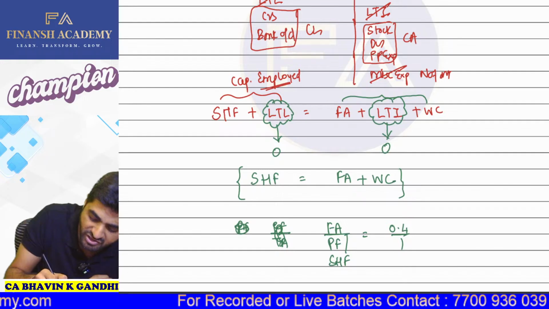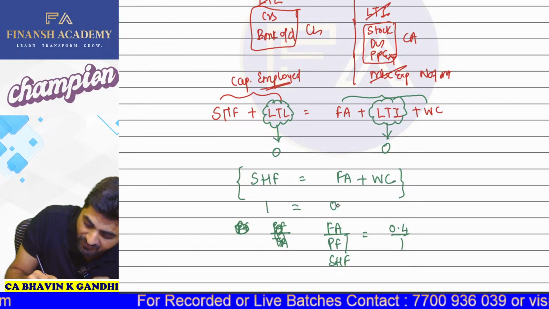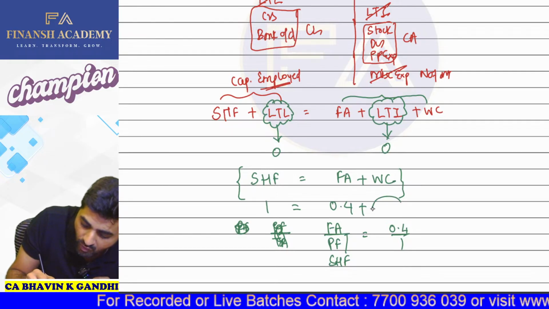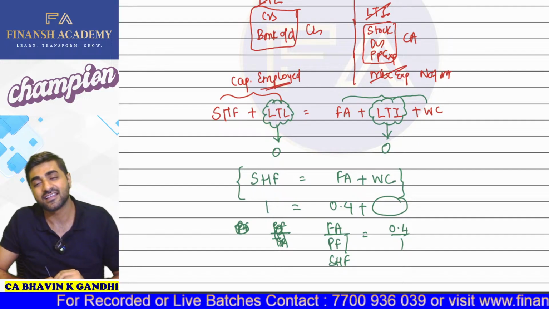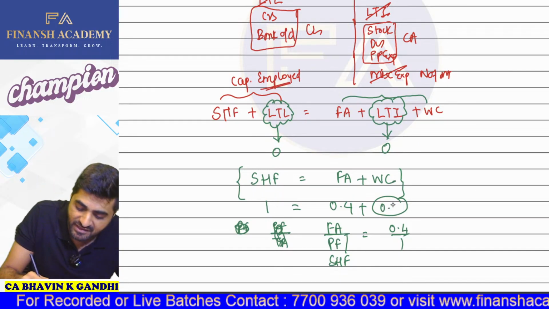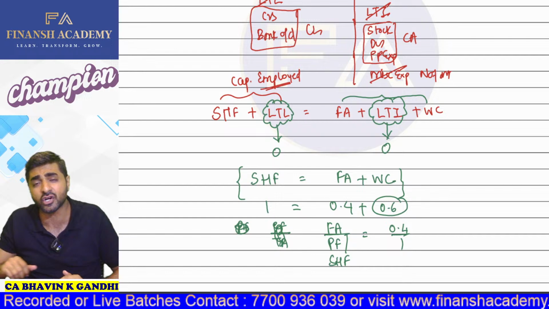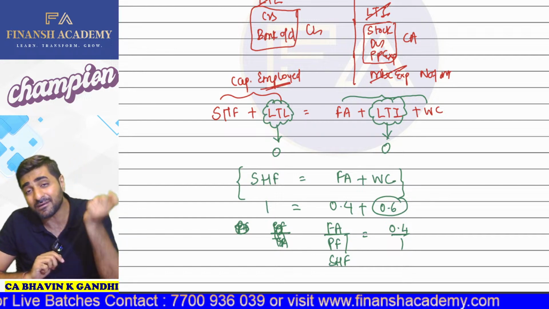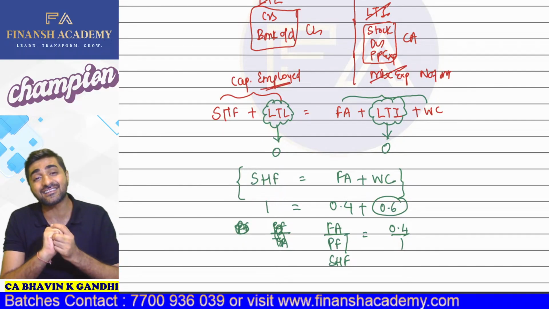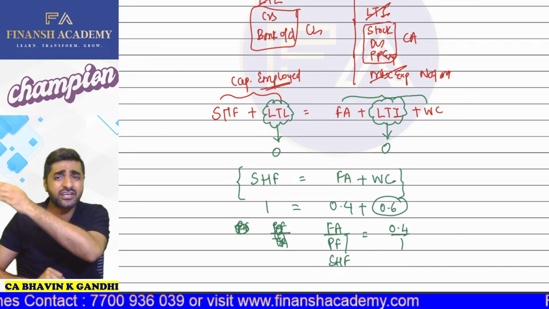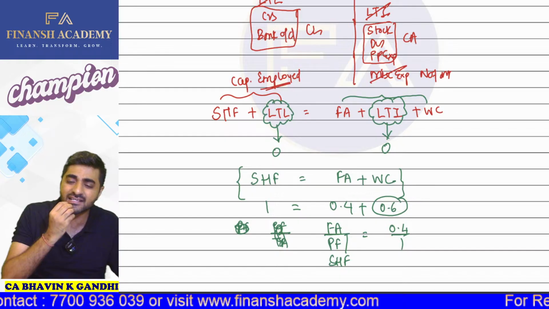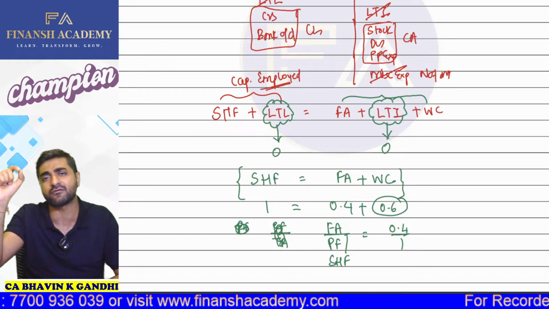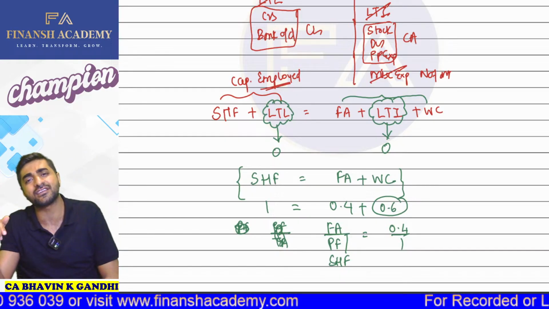So my shareholder fund is 1, my fixed asset is 0.4. What about the balance 0.6? Can I say the balance 0.6 is my investment in working capital? Yes. Sometimes they will just give you a ratio like fixed assets to proprietors' funds is 0.4 to 1 or 0.7 to 1.